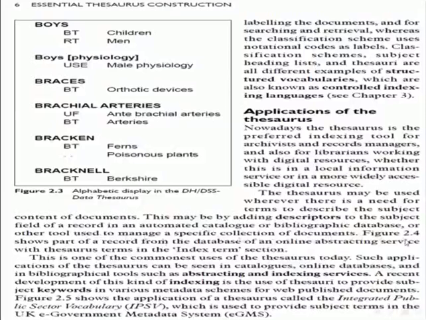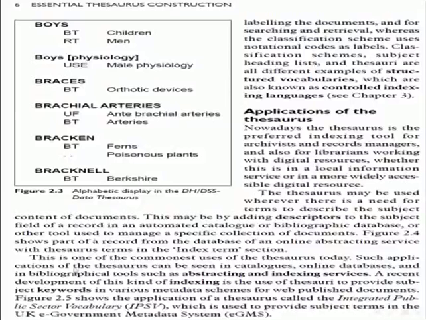Figure 2.4 shows part of a record from the database of an online abstracting surface with thesaurus terms in the index term section. This is one of the commonest uses of the thesaurus today.